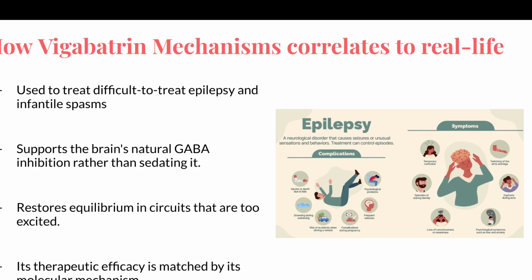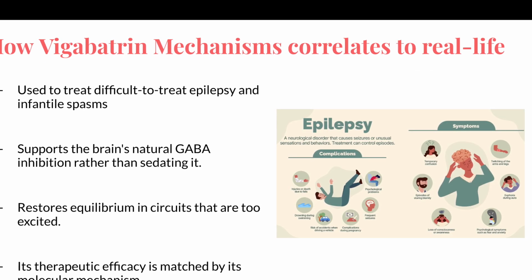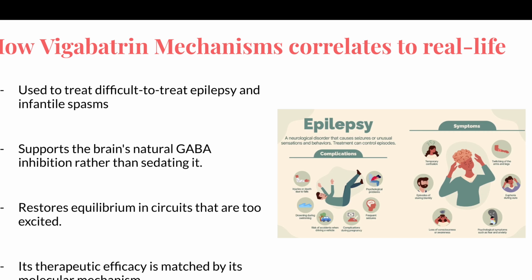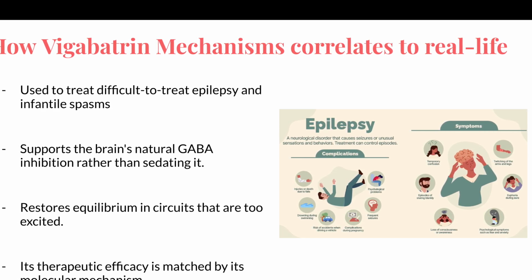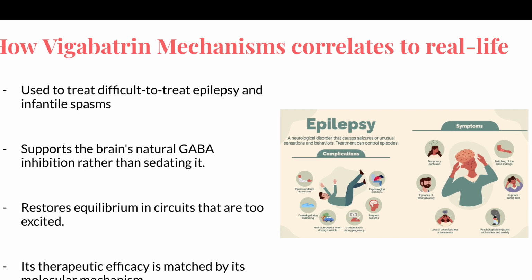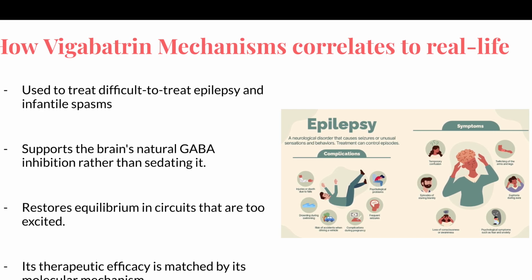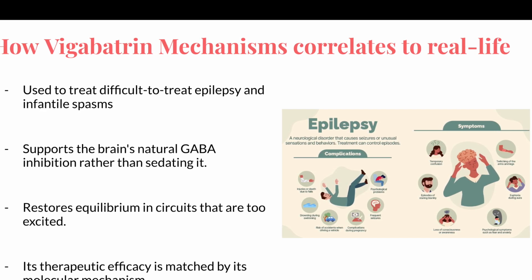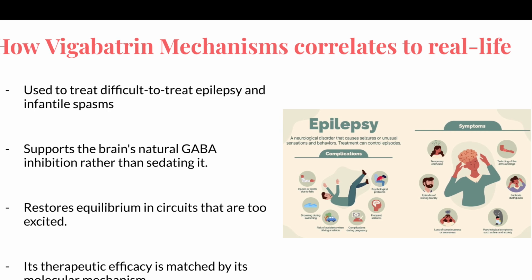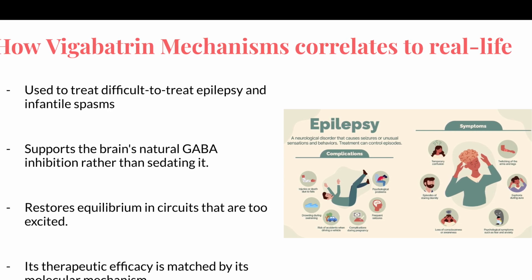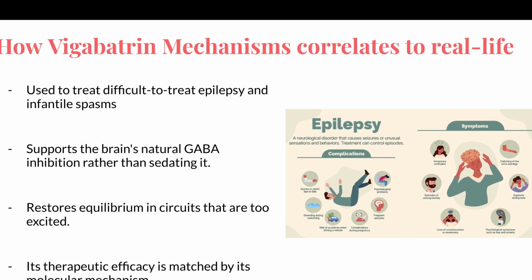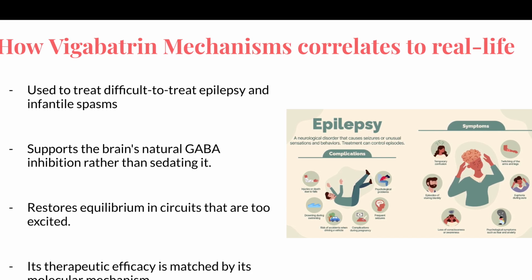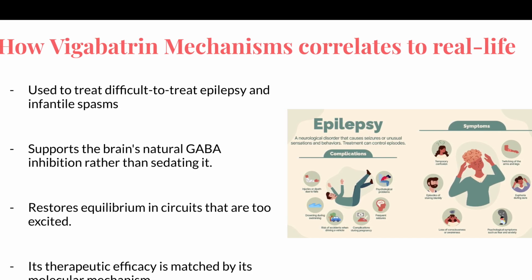Now that we've gone over the main idea, what it looks like, what it does and how it does it, we're going to correlate Vigabatrin's mechanism to real life. My image is showing the real life implications. The confusion, twitching, falls, and staring spells all come from the same problem we saw earlier, which is the brain losing its inhibitory control and slipping into the overactive firing pattern.